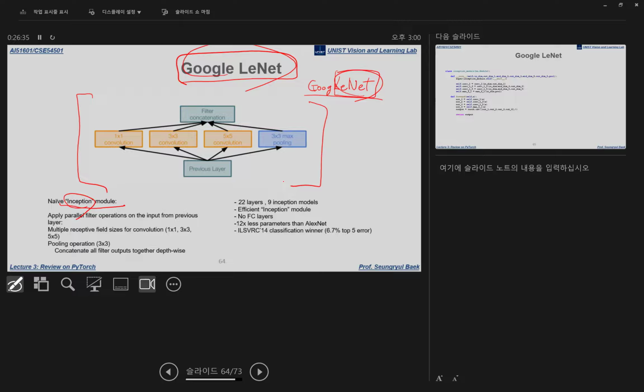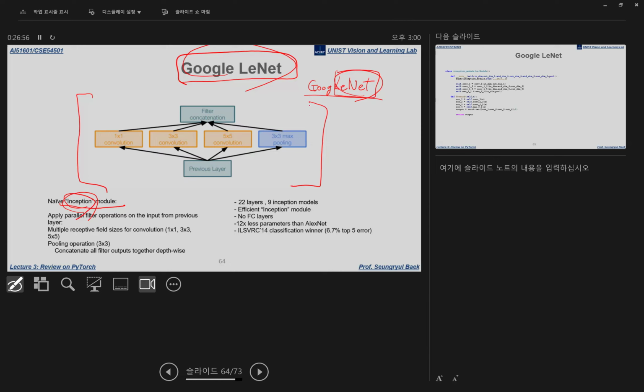Compared to AlexNet or the VGG network, they are using new modules called the Inception module. This paper insists that thanks to this Inception module, their architecture becomes faster and more efficient. So this is worth noting.